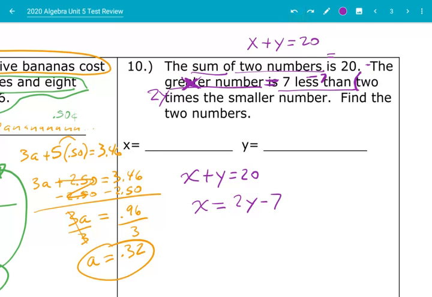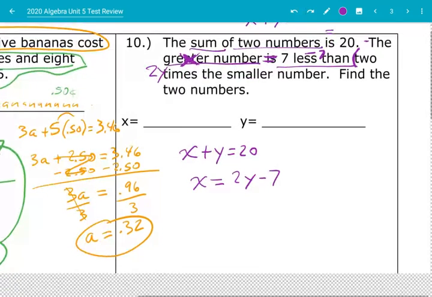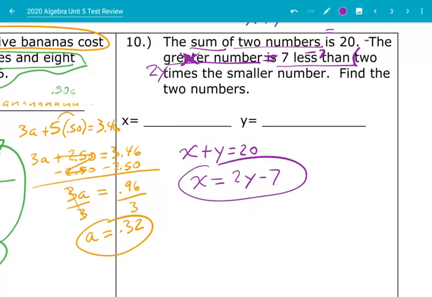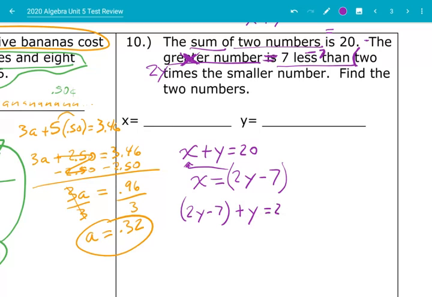Okay, find the two numbers. Here's our system of equations, and x is already solved. So let's use substitution. Let's plug this in for x and rewrite it as 2y minus 7 instead of x plus y equals 20.